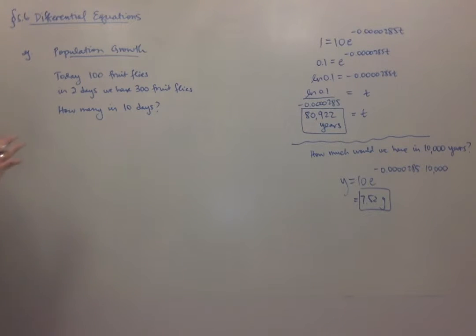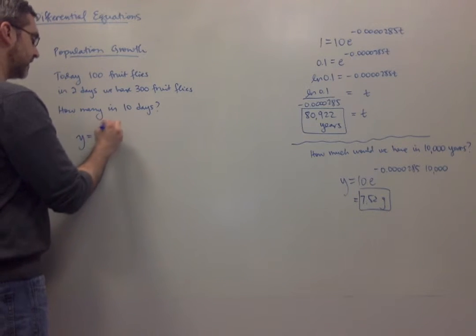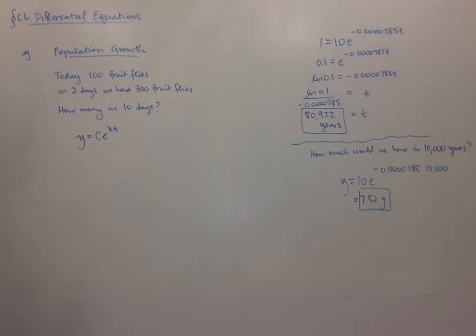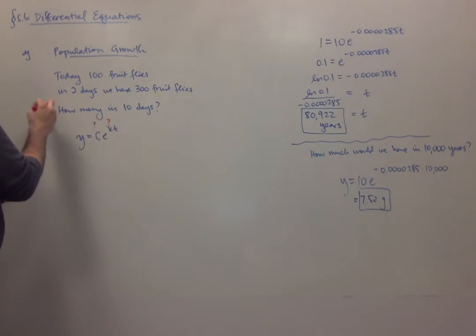So population growth, just like radioactive growth and decay, has an equation y equals c e to the kt. And so what we're going to do is we're going to take some of the information that we're given here in order to solve for the c and the k. And then based on that, we're going to answer this question.